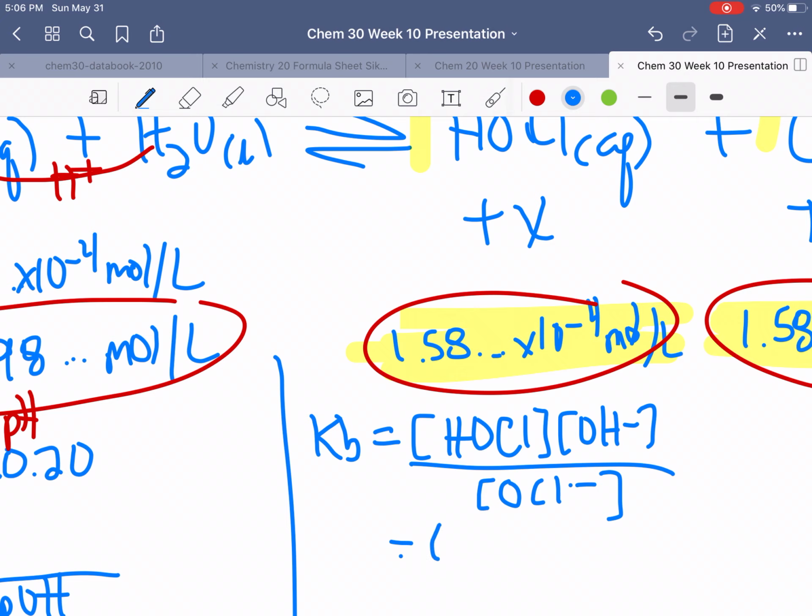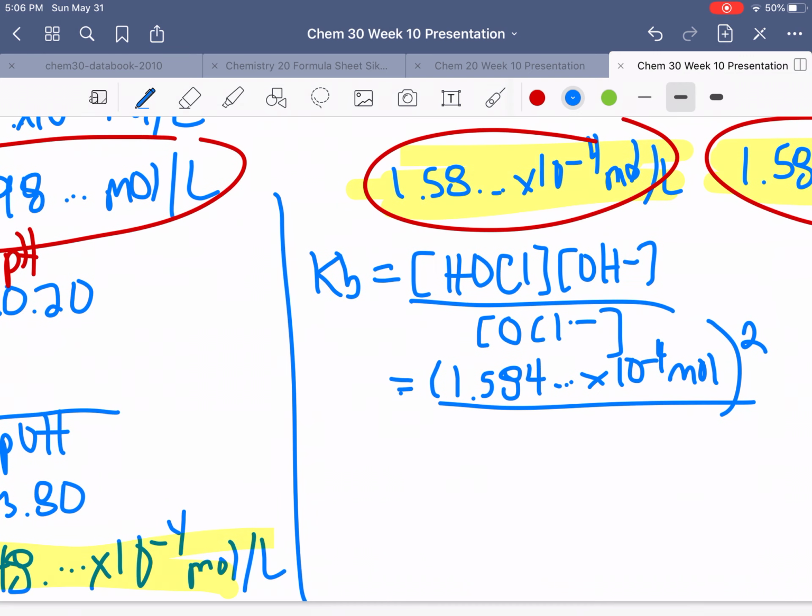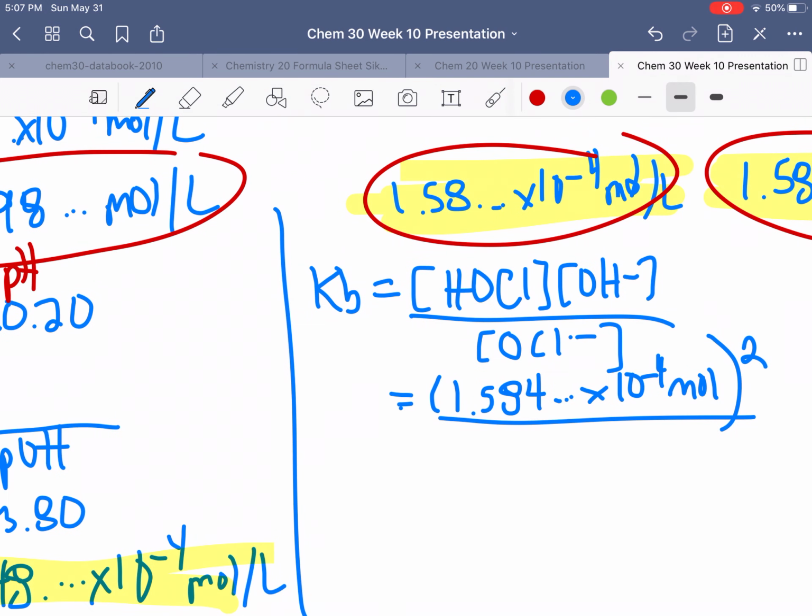Plug in what you know. 1.584 ... times 10 to the negative 4 moles per liter. It'll be that times itself, so I'm just going to square it, makes it easier. Divided by the concentration of the anion, the OCl negative, which is 0.0998 ... moles per liter.